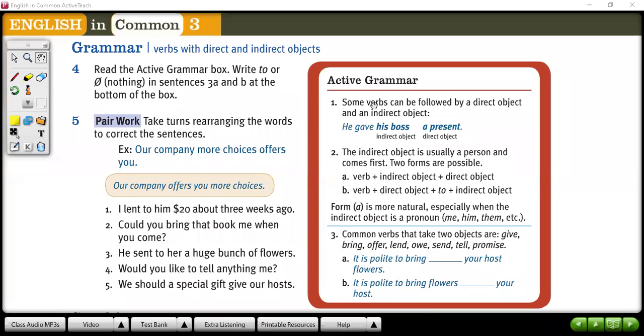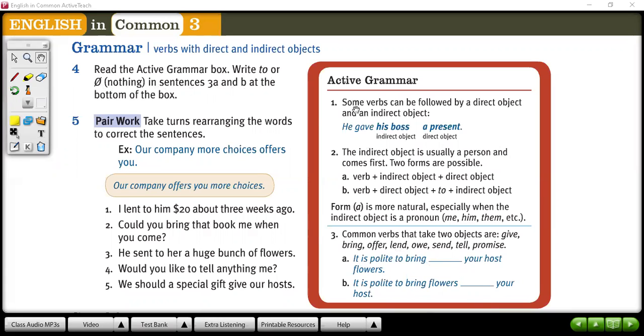Here it is explaining that, and it says, read the active grammar box, and write to or nothing in sentences 3A and 3B at the bottom of the box. So it's asking you to write to here, or nothing. Up to you.